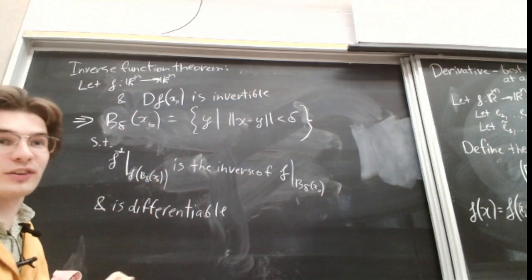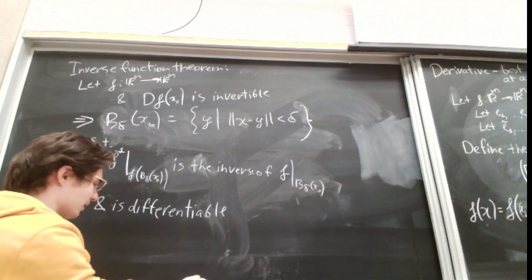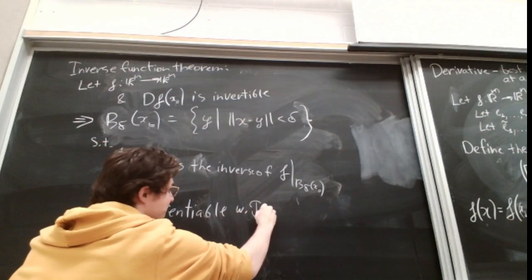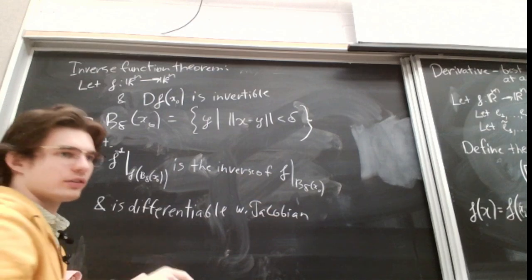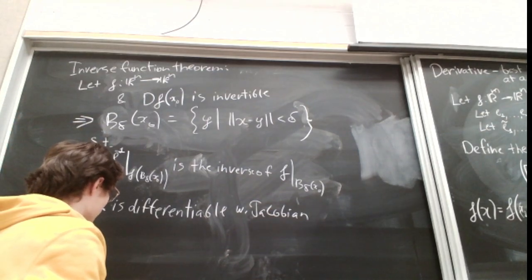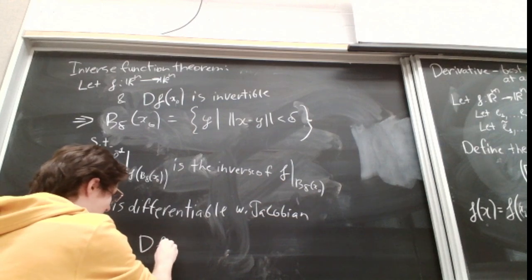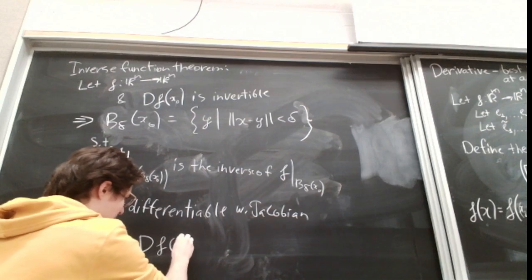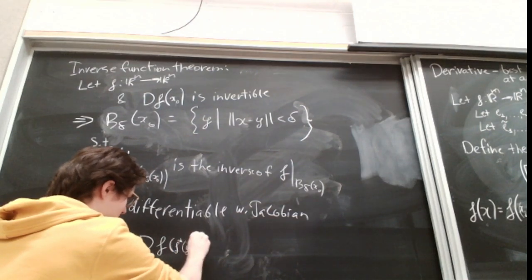It should be the inverse of the Jacobian. Yes. So it is differentiable with Jacobian df at f inverse y. You just have to make sure you plug it in at the right points.